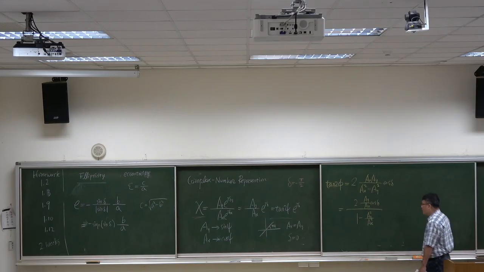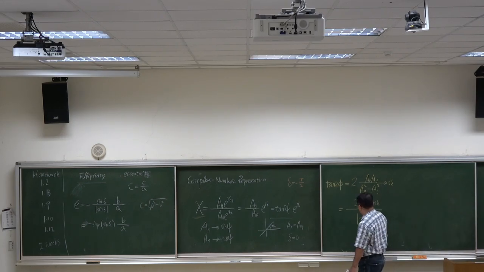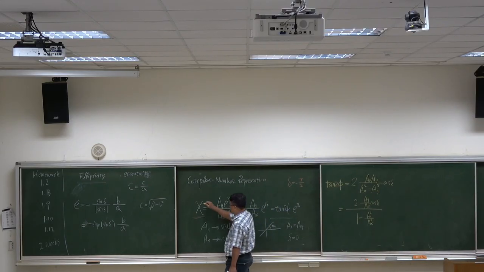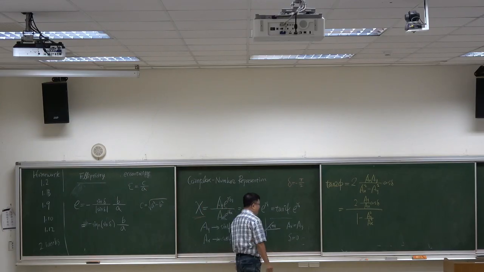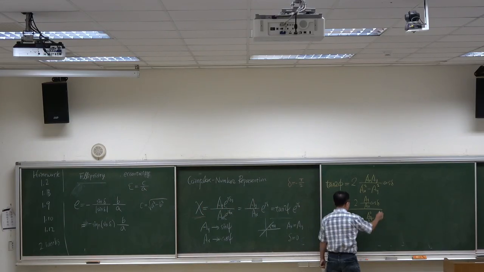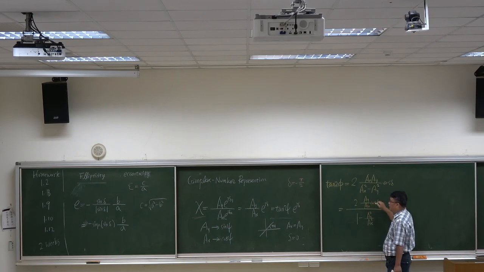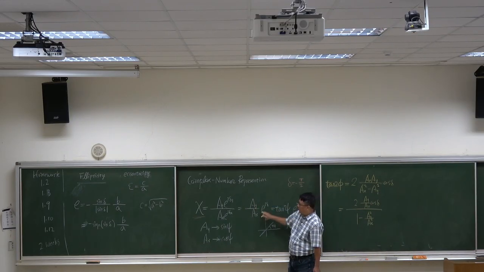How can we obtain this square? It's easy. If we take the absolute square of chi, we find this quantity. And how can we find this numerator? It's also very easy. We just take the real part of chi.